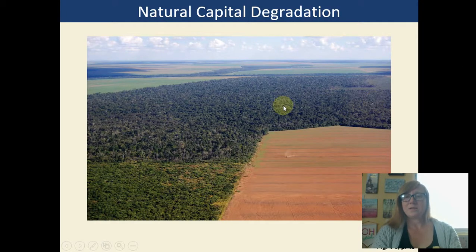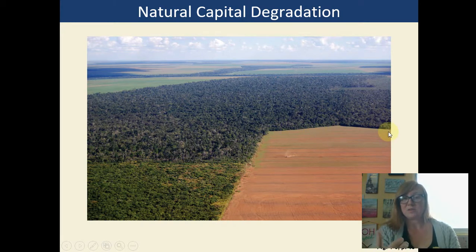So here's an example of the degradation of natural capital. So we have forest area, and here you can see a land that's been tilled for farming. It's okay to farm, we need farms. We need to live too. That's a fair statement. But we have to do it in a sustainable way, so we don't lose biodiversity.